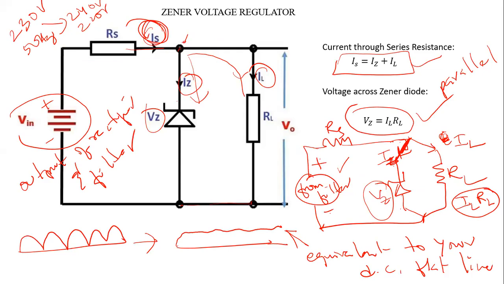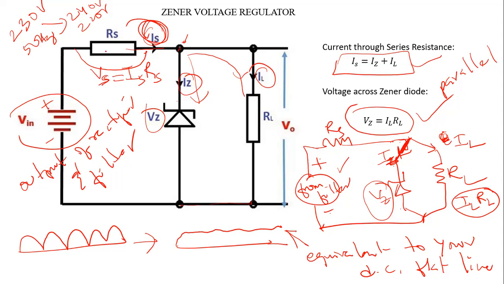The increase of series current Is will result in an increase of voltage drop across this series resistance. Let us call it the series voltage. Series voltage will be series current Is into Rs, the series resistance. Current into resistance gives the voltage.